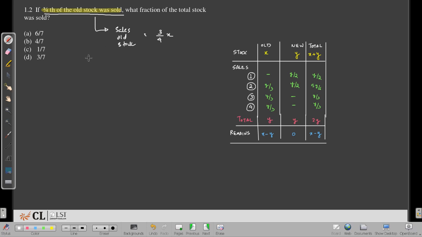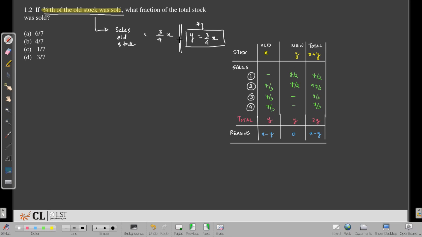Now, what is the total sales of old stock? It is equal to y. That gives us the information that y would be equal to 3/4 of x, and this would help us get every single piece of information in just one variable, which is y or x, whichever way you look at it. Everything can be written in one variable x, which we'll use later. But let's keep this in mind for subsequent questions.